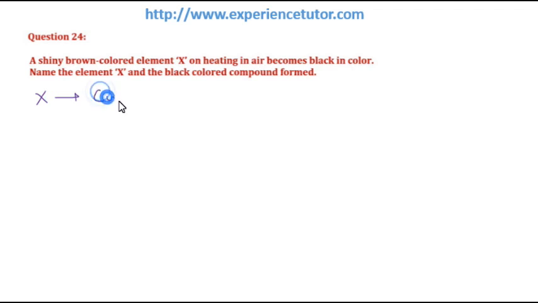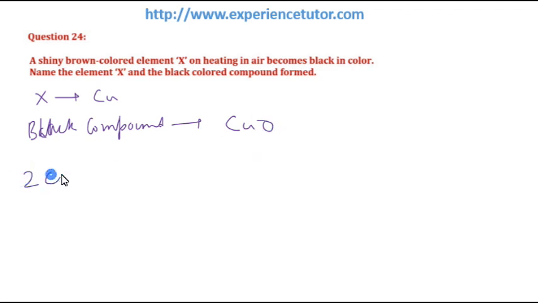X is copper, and black color compound formed is copper oxide. The reaction can be written as 2Cu plus O2 upon heating gives black color CuO, copper oxide.